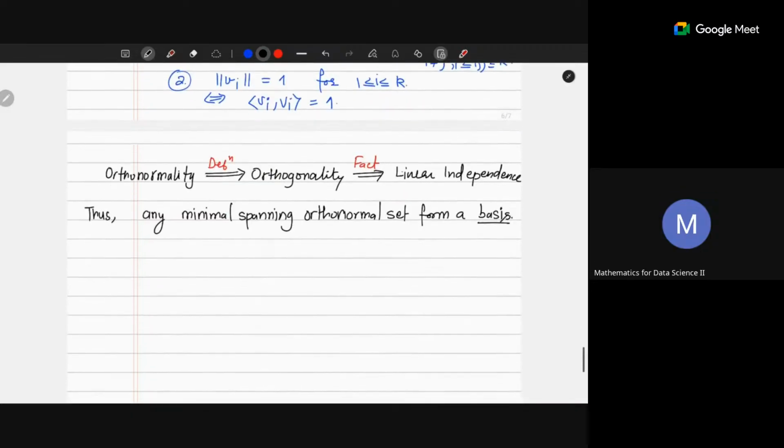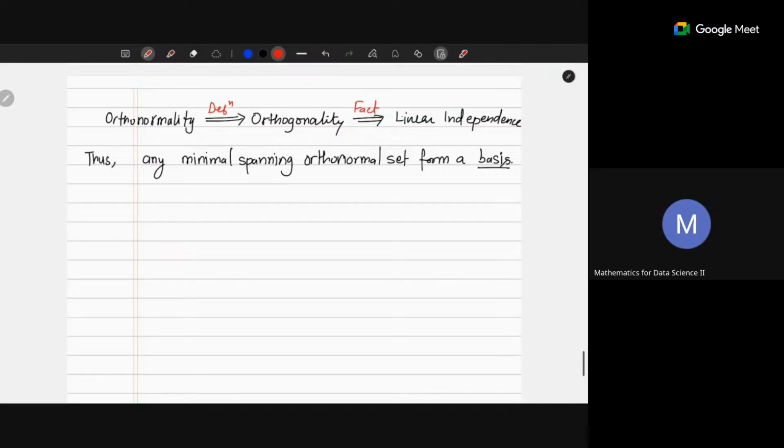All right. And again, we can define an orthonormal basis. So a basis is called orthonormal if, let's say, the basis is given by b1 up to bn of your vector space of dimension n.